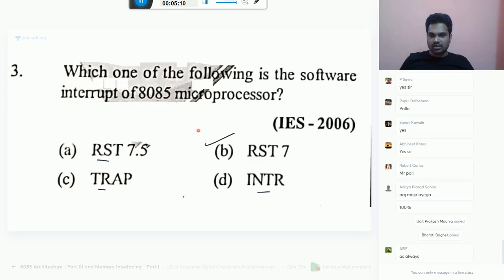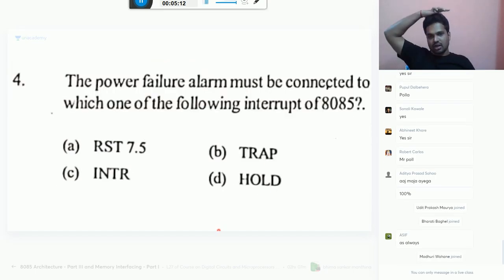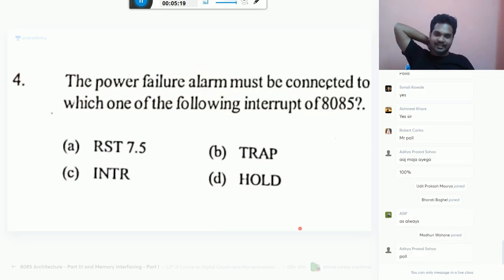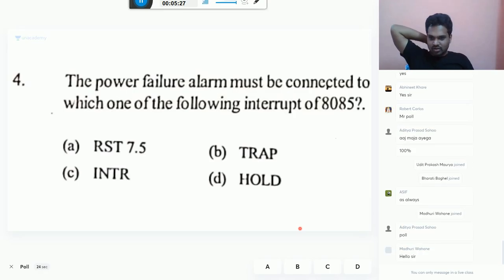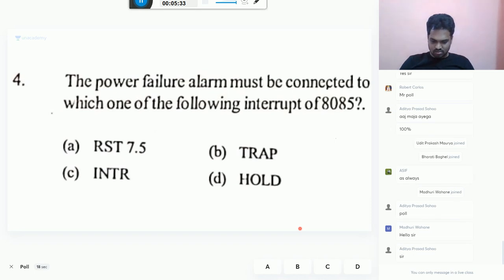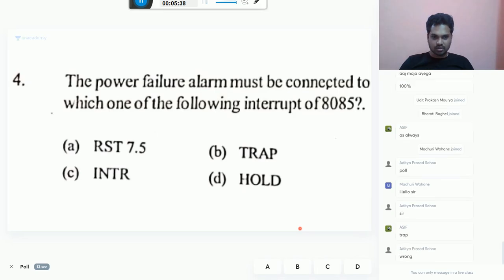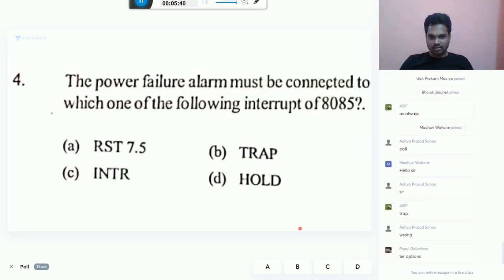Okay, next, listen here. The power failure alarm must be connected to which of the following interrupts? Let's start. Hello, Madhuri. What happened? I am wrong. Don't worry.